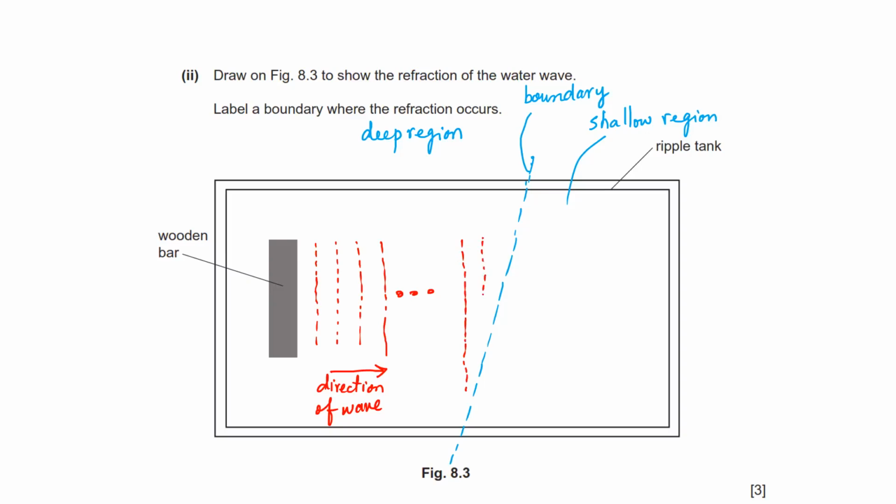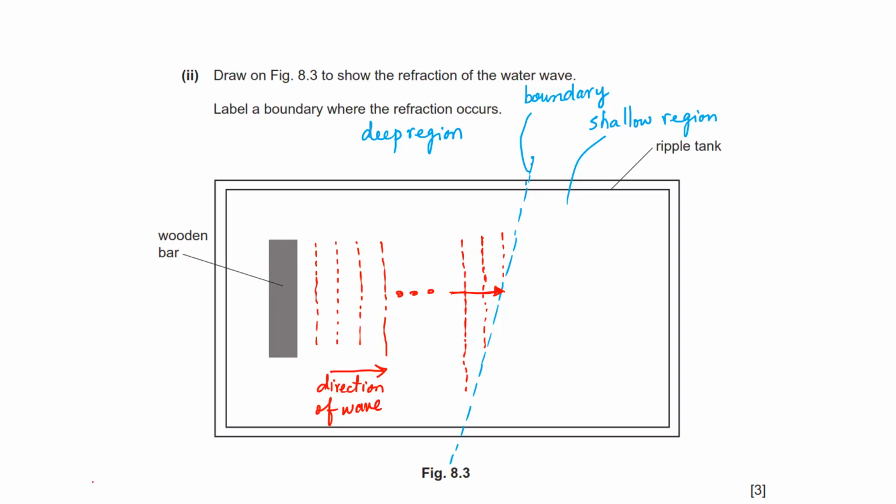Let me draw this something like this. It's better to draw these lines with the help of a ruler, and that will make your life much easier. This arrow shows the direction of the wave.